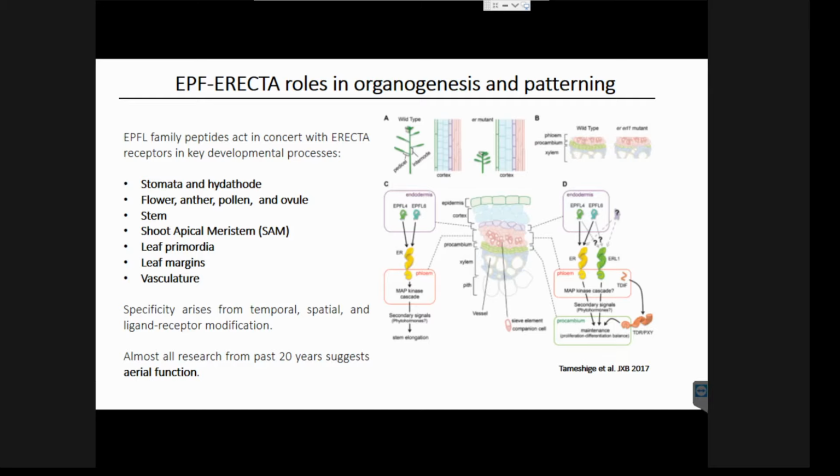So EPFL, as I said, is a ligand for ERECTA family receptors, but all the organogenesis and patterning in stomata and hydathodes, we can also see other EPFs, not EPF1 and EPF2, but other EPFs involved in flower, anther, pollen, vasculature, other above ground developmental processes. So almost all the research over the past 10, 20 years has been looking at EPFs and ERECTAs in these above ground organs.